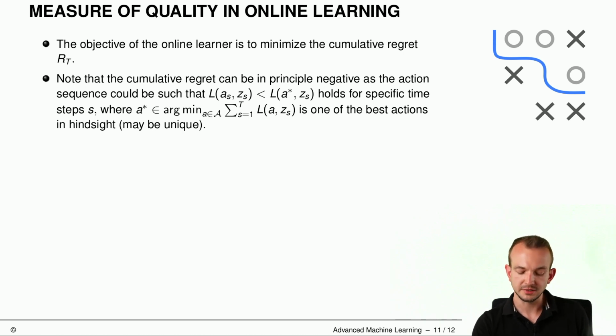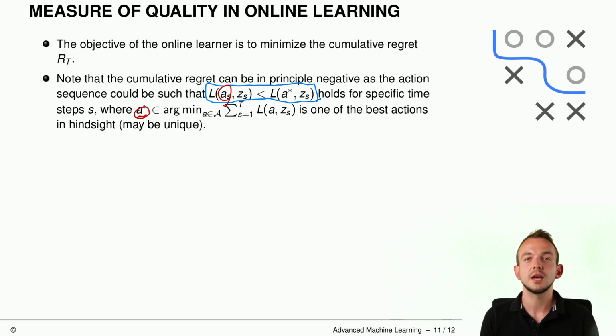For instance, if we have a couple of time steps where the losses we suffered with the action of the online learning algorithm, the A_S here, are smaller than the losses of the best action in hindsight. So the action which would minimize the cumulative loss in hindsight, this A star here. This might happen.